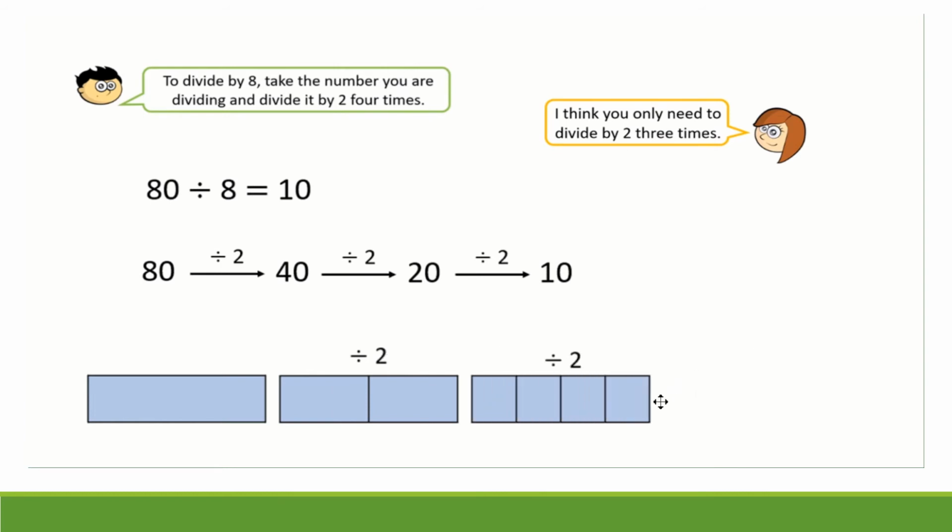And we now have 4 equal parts. And if we divide by 2 a third time, we now have 8 equal parts. So Rosie was correct. If you divide by 2 three times, it is the same as dividing by 8. Isn't that clever?